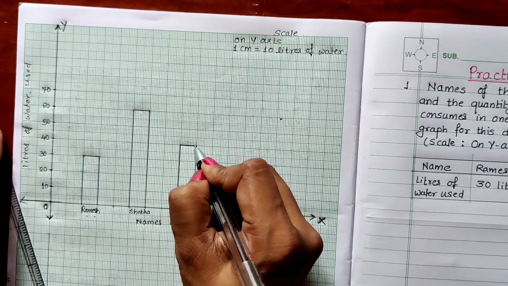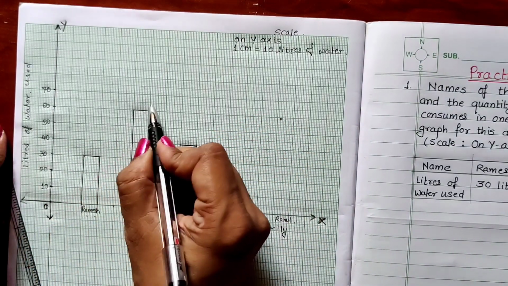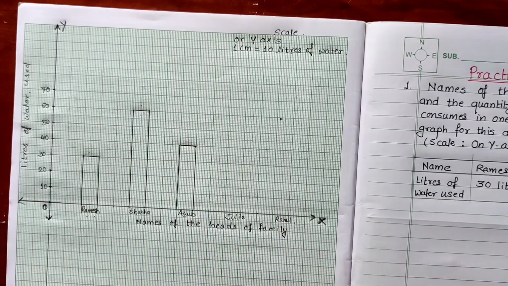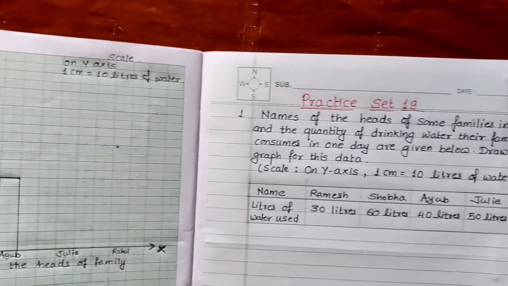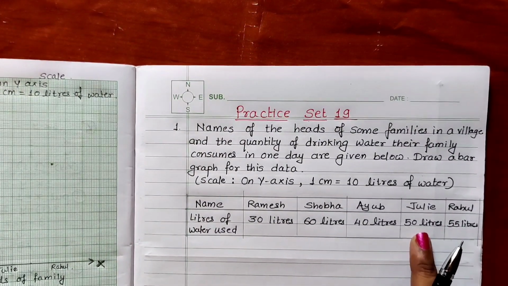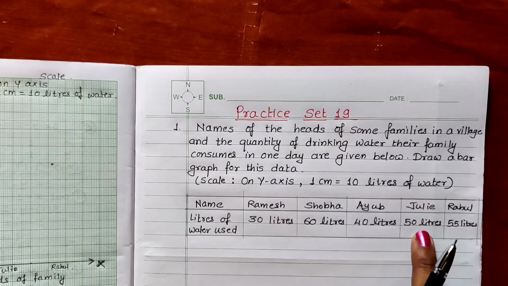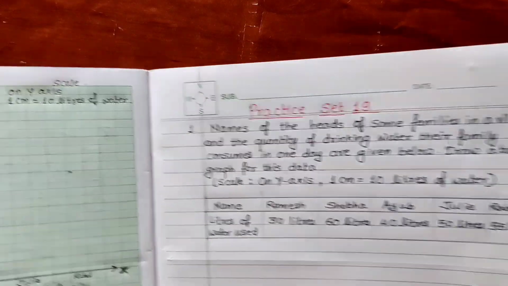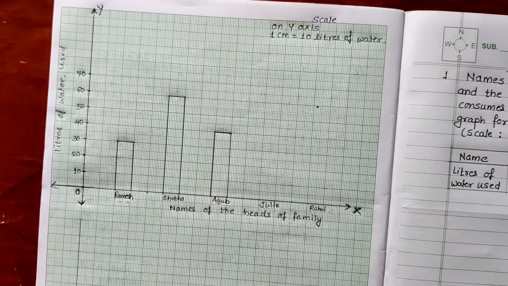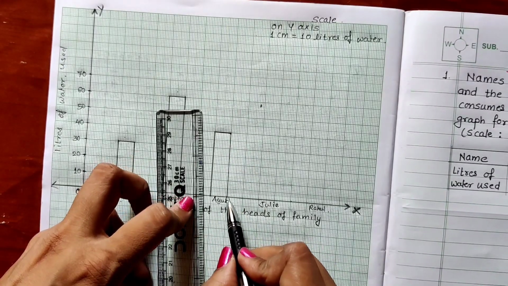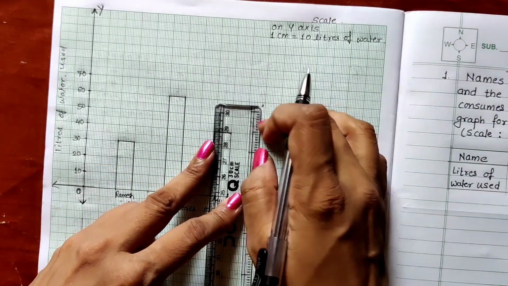If you want, you can write these units over here 30, 60, 40, otherwise leave it. Okay, now Julie's family. See, I will be using my question which I have written here. Julie's family consume 50 liters of water and then Rahul's family consume 55 liters. So Julie family 50, till 50 I have to draw, leave 2 lines. Okay, 2 units, 1, 2 and then draw till 50.